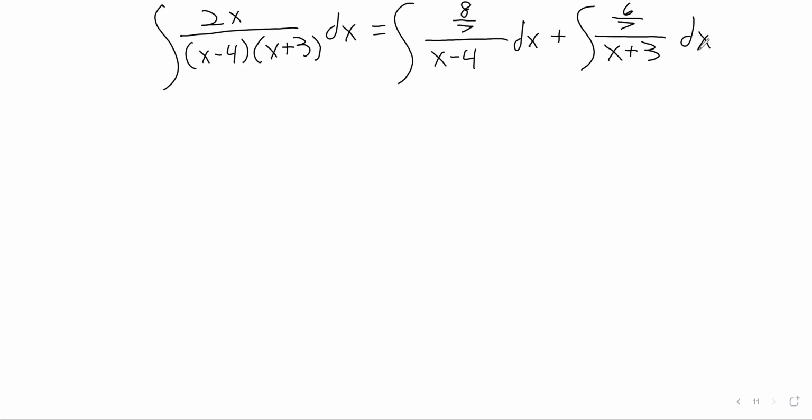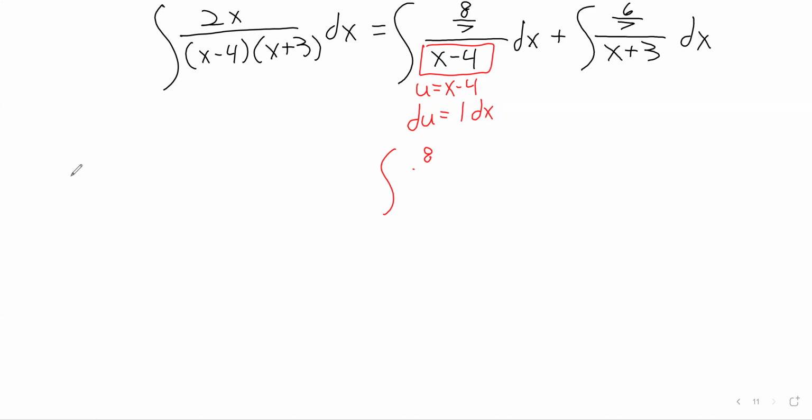This is very typical of the partial fraction decomposition. But both of these we can integrate. If we're not comfortable doing this in our head, we can do this as a u substitution. You see du equals dx. We don't have to mess around with multiplying in or dividing terms.